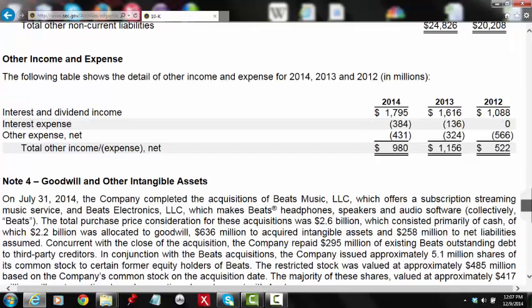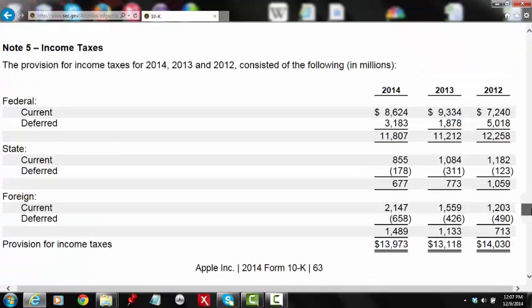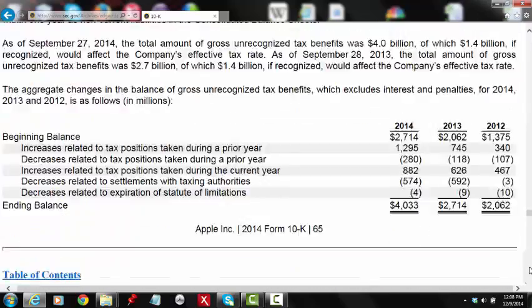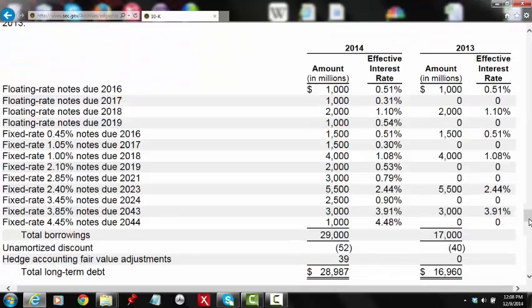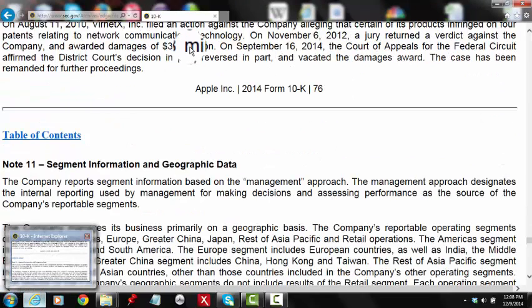How much is the goodwill they have? Then the income taxes. This is important, where we can see what is the deferred, how much was the tax expense and all, and that's it. So now let me bring you my blog.